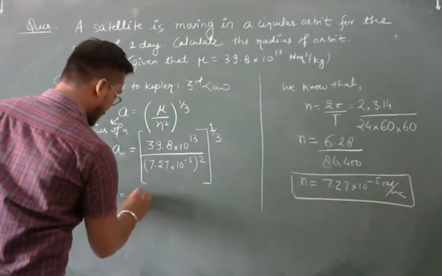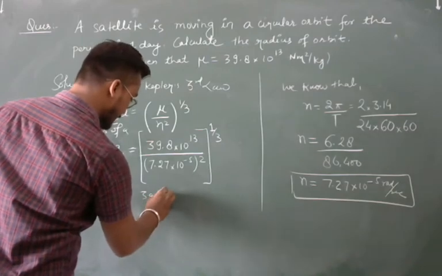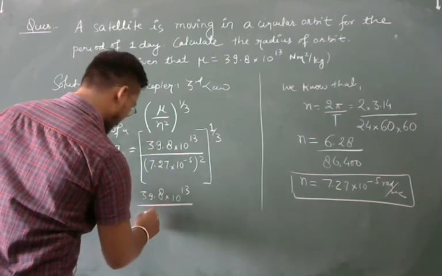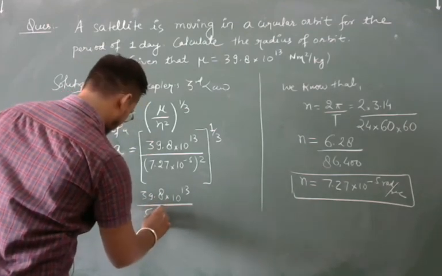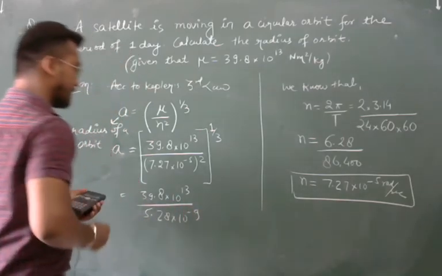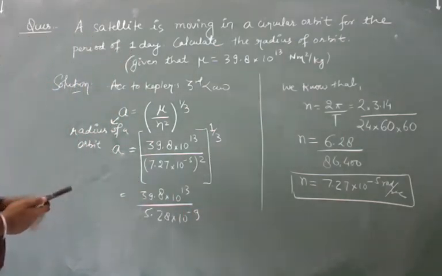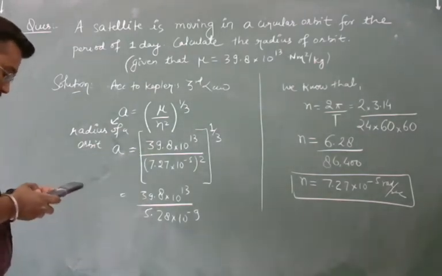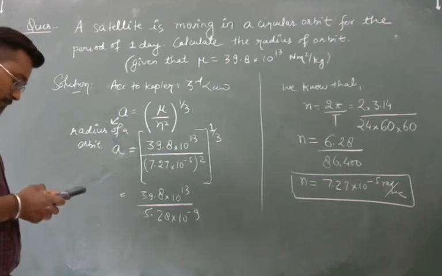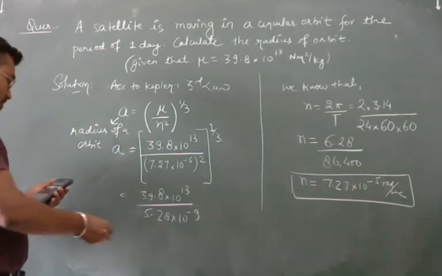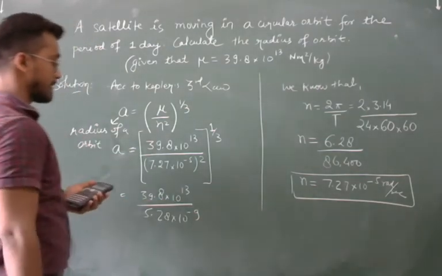So this value is 39.8 into 10 to the power 13 upon 5.28 into 10 to the power minus 9.